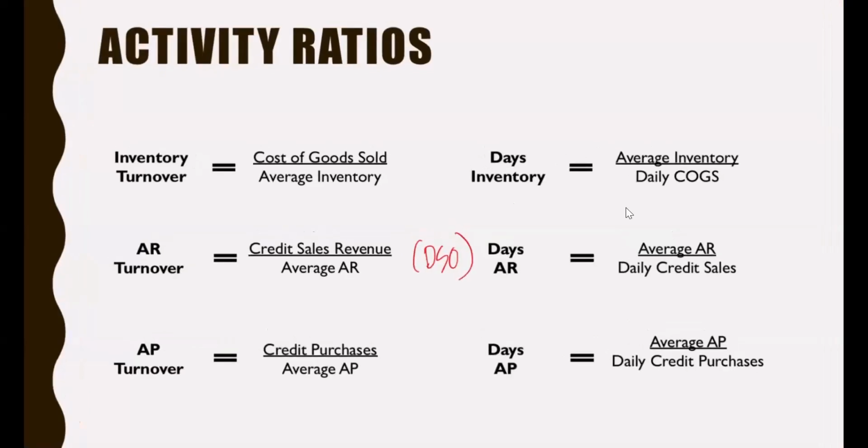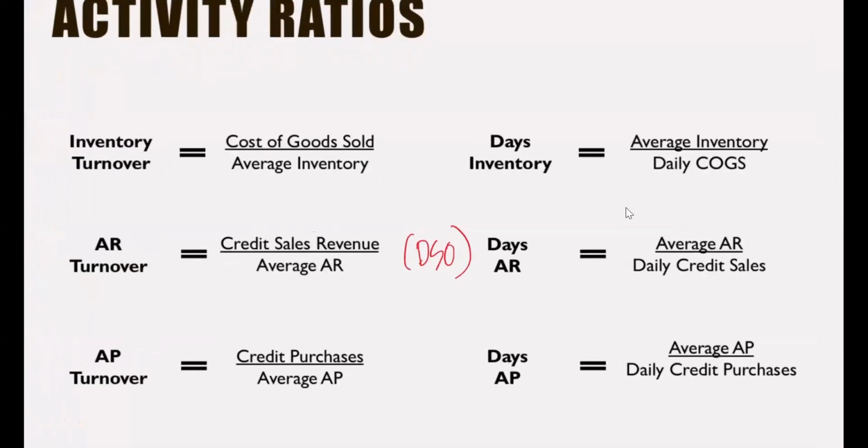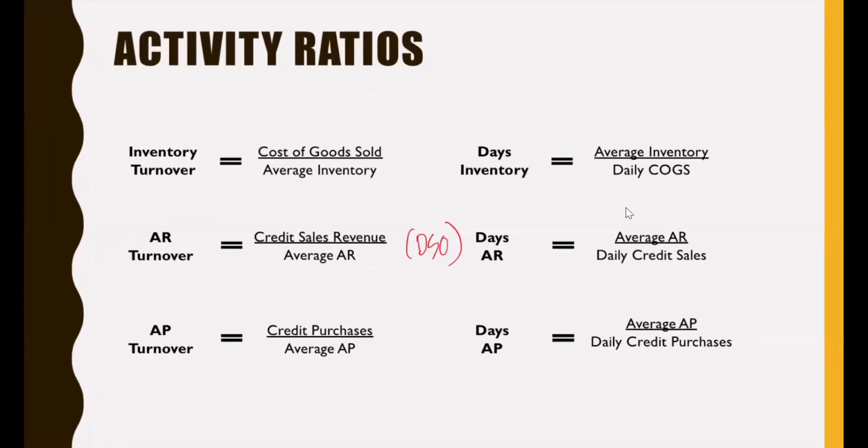So gusto natin dito higher. Pero sa days inventory and days, gusto natin syempre it takes less days. Less days for us to sell our inventories and then for us to collect accounts receivable or convert them into cash. So nakita nyo, baligtad sila.